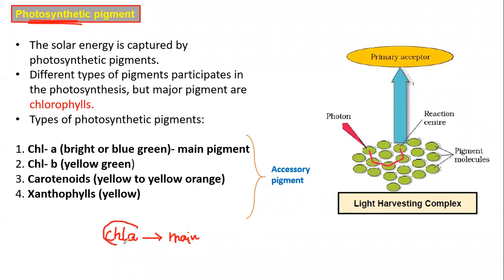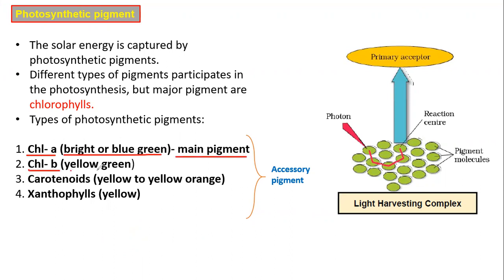Chlorophyll A is the major pigment involved in photosynthesis. If there is no chlorophyll A, photosynthesis won't take place. Remember its color: bright or blue-green. It is the main pigment.